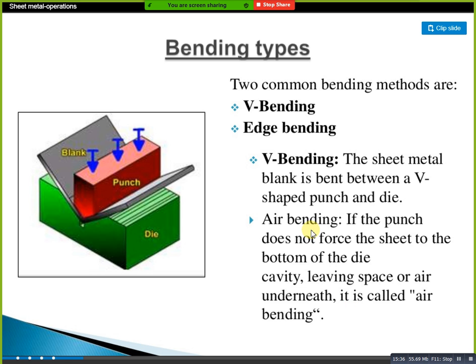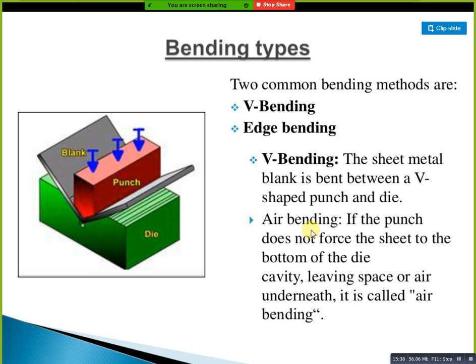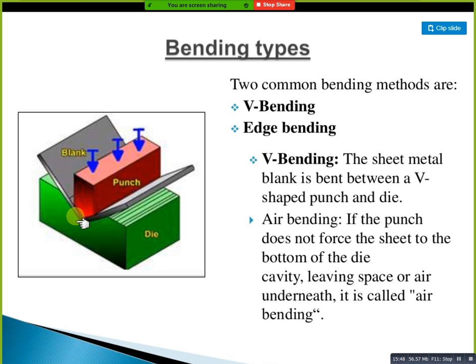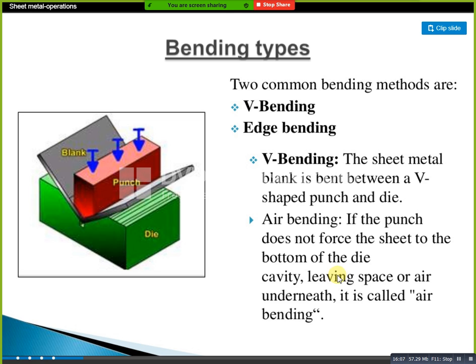For example, if you bend with direct contact to our model, that condition can damage your bottom die, or the punch is automatically applied to your die model also. That's why we need to mention this gap, this square or rectangular gap, which we consider the leaving space, cavity, or air underneath. If you have air there, we consider that the air bending type. So these two are V bending and air bending.